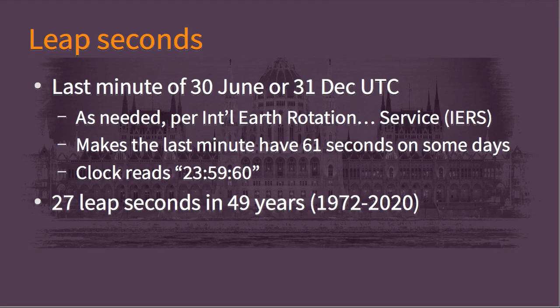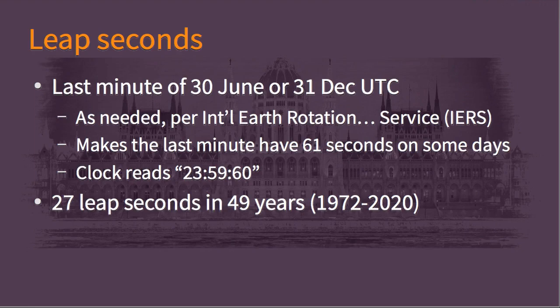So, more about leap seconds. The way they work is that there are certain times in the year when the people in charge can inject leap seconds. And the two times that have been used so far since the system started in the early 1970s are the 30th of June and the 31st of December, UTC, and it's the last minute of that day.